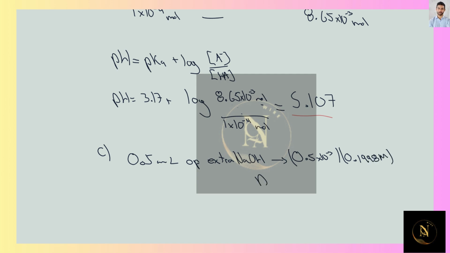So the amount of extra moles of NaOH, or of OH minus, is going to be 9.99 times 10 to the minus 5.